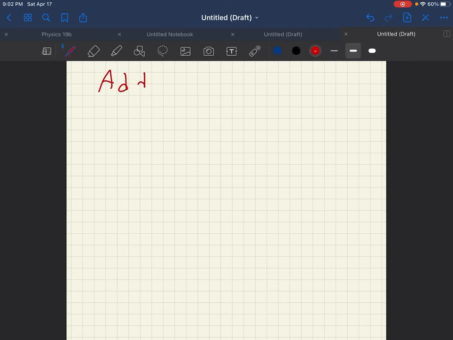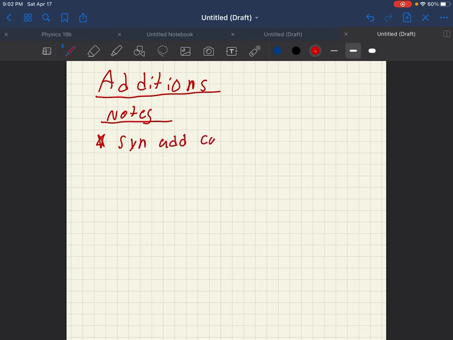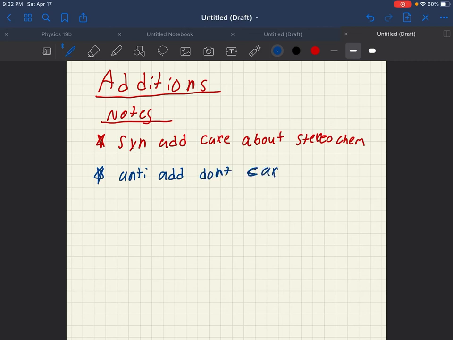This is additions, and the notes you should know are that syn additions care about stereochem, and anti additions don't care about stereochem, just like honey badger don't care.